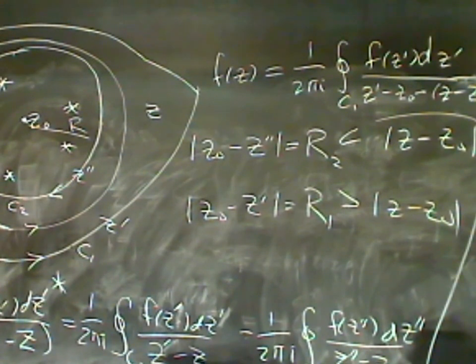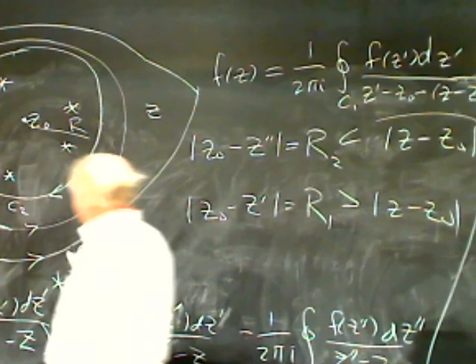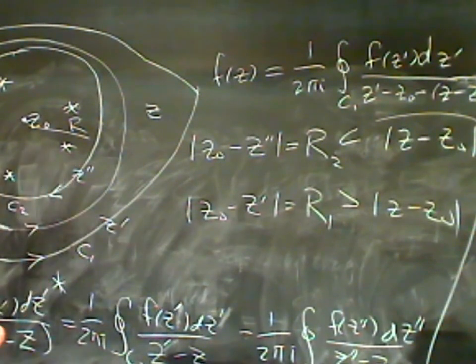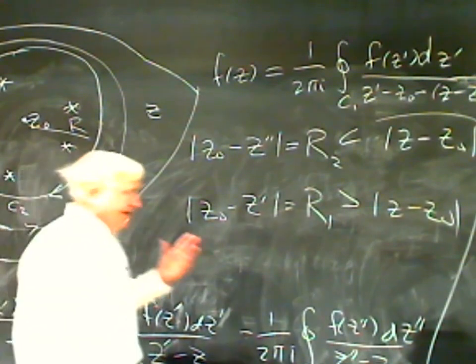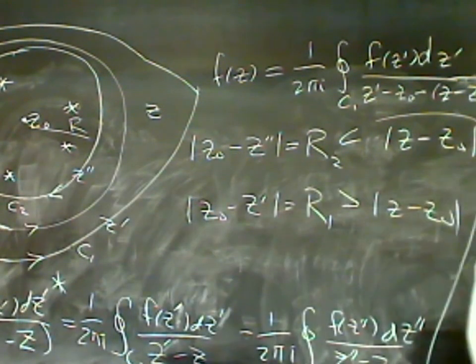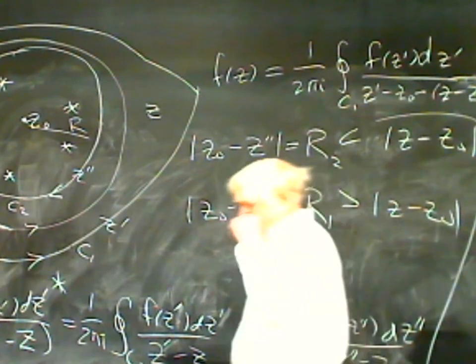Now, you can't apply Cauchy's integral formula to this because the function isn't analytic inside this contour. It's only analytic here in this region between the two circles. And that's the power of these Laurent series, namely that they work for functions that have all kinds of crazy singularities. You just have to find an annulus where you can draw two circles.